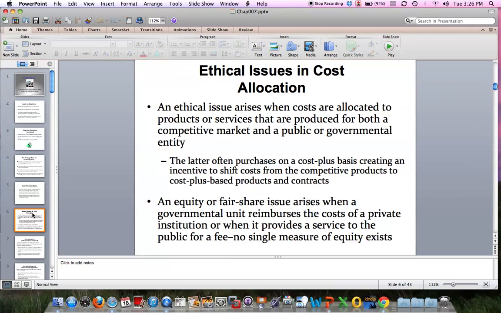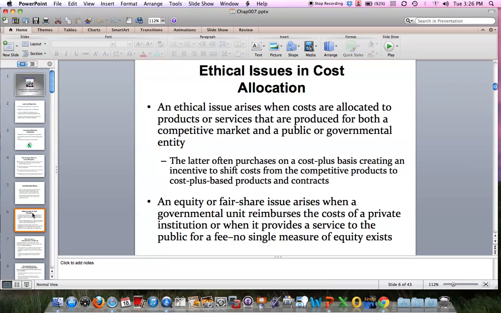And so what they say is the temptation for a business is to allocate more costs to product lines that are being supported by government payouts or sales to governments rather than products that are sold to the competitive market where there's lots of competition and the ability to increase the price probably isn't there as easily as it is with a government potentially.